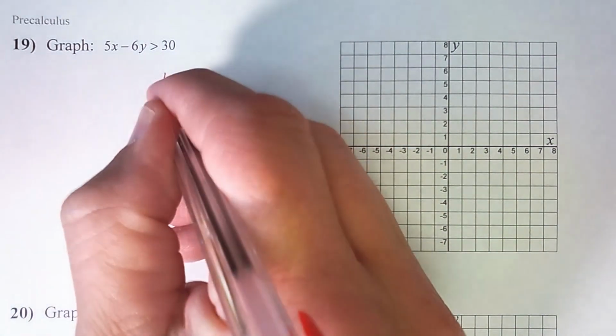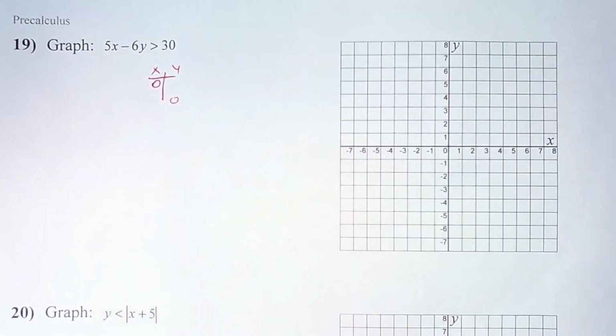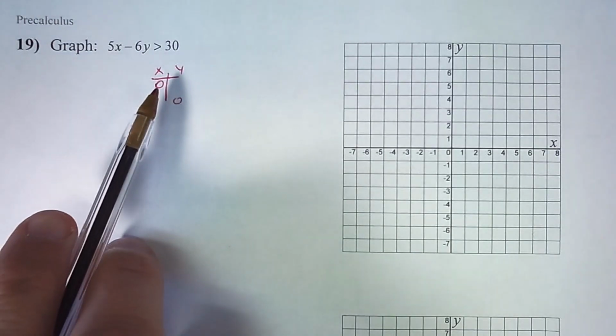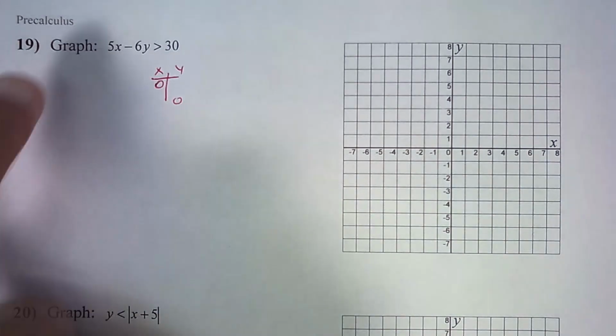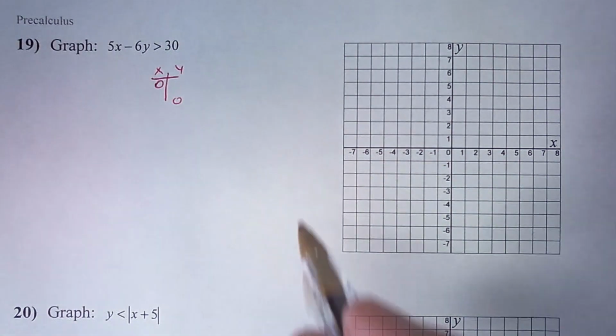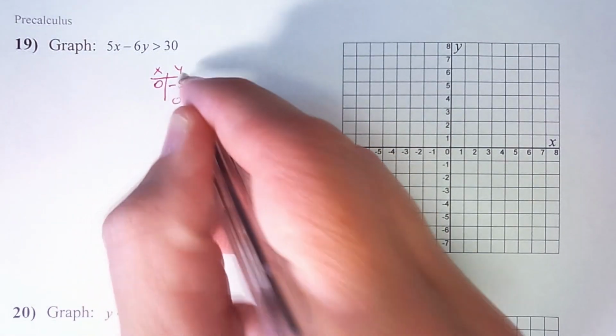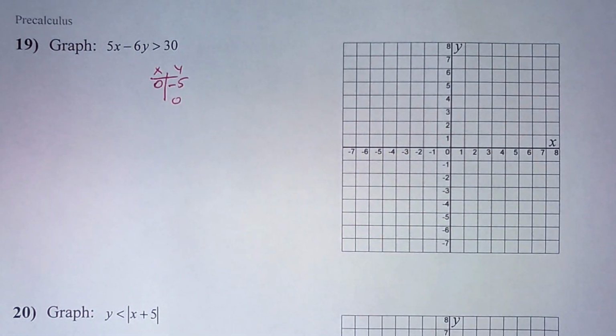So I'm going to make a little t-chart for x and y. And when I put in a 0 for x, so basically that's just gone, and I have 30 divided by -6 to get y by itself, and that is -5. So when x is 0, y is -5.